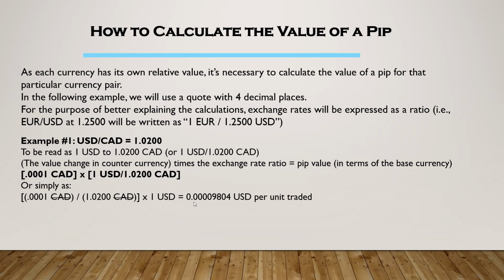This will give you 0.00009804 per unit once you are trading USD CAD. All right. Once you are trading USD CAD, this is the pip value per pip against the price of this exchange rate, which is 1.0200.